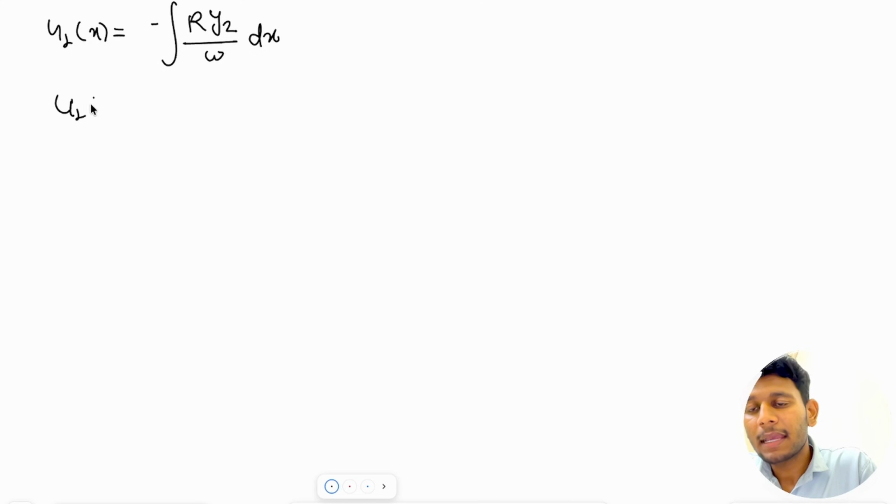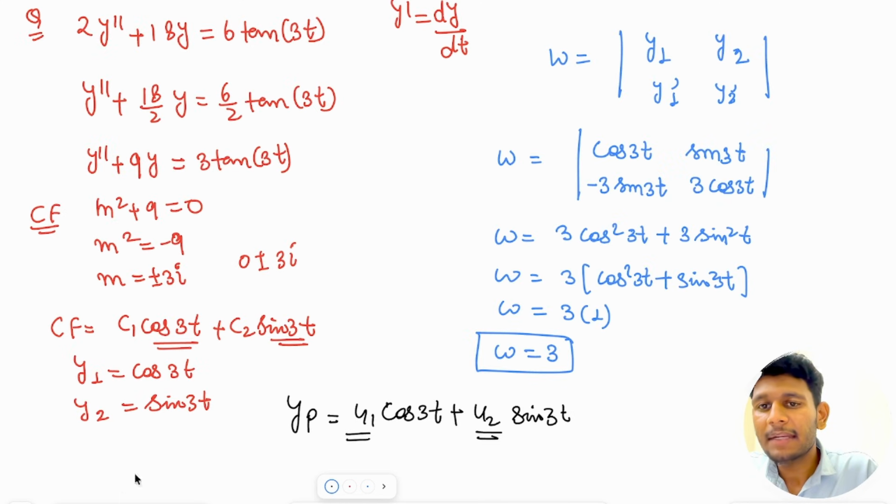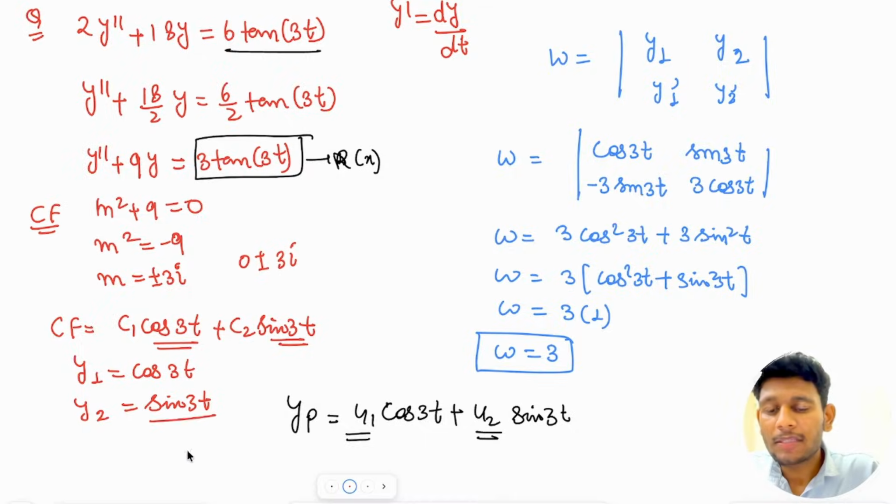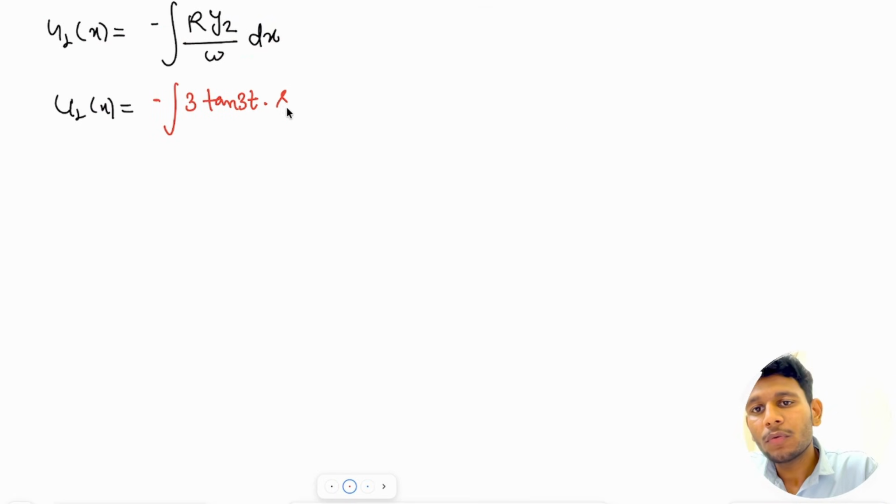So u1 of x is equals to, what is my right hand side? That is my 6, or now simply it is 3 tan of 3t, this is my r of x. So it will be minus integration 3 tan 3t into y2, y2 is sin 3t, divided by the Wronskian, that is 3. So from here 3 and 3 are gone. So it is u1 of x.